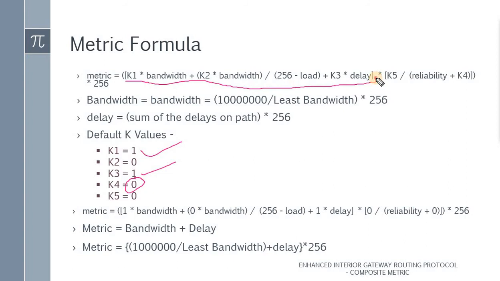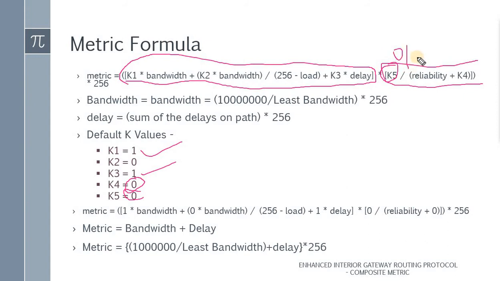This formula has two portions. One portion starts from here and ends here. The second portion is here. Since K5 is equal to 0, K5 divided by whatever it is will be 0, and 0 multiplied with this value makes everything 0.